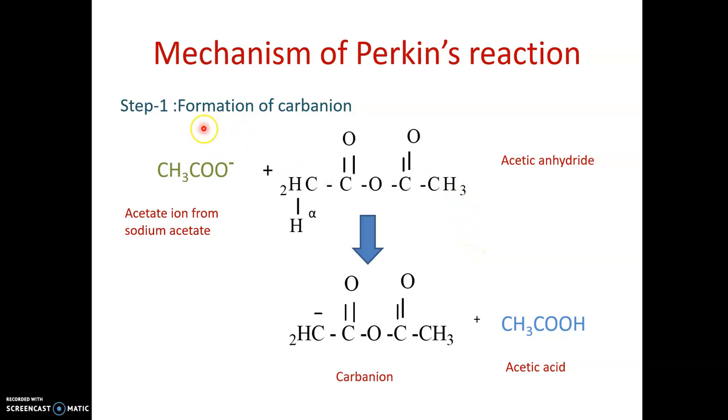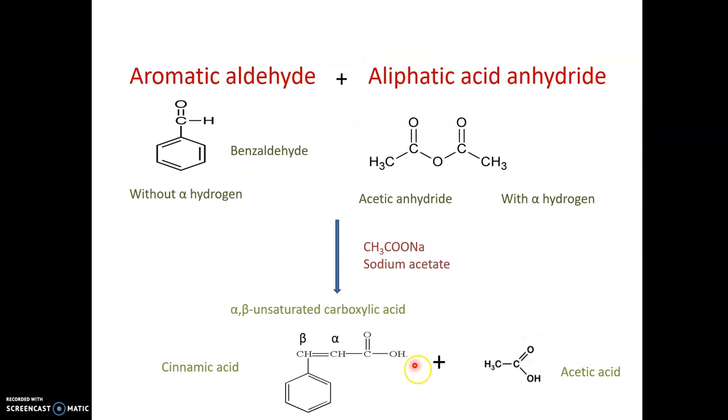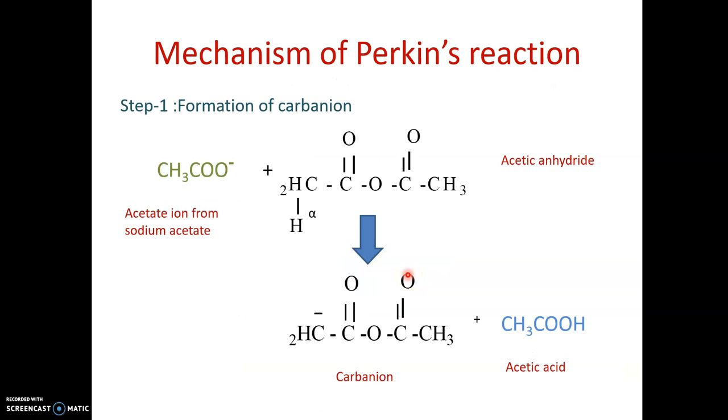So let us go to the mechanism of the Perkin reaction. In the Perkin reaction, the first step is the formation of a carbanion. In the earlier slide, I said we are going to use the corresponding salt, that is sodium acetate. Since salts undergo hydrolysis, we get an acetate ion and sodium.